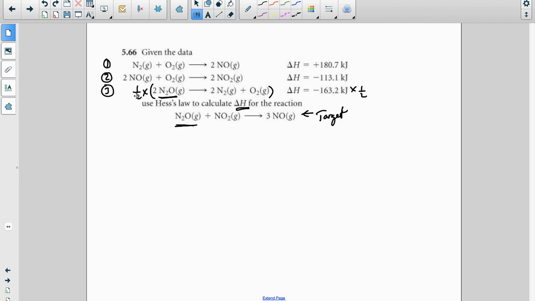So if I take 1/2 times this reaction, I will get N2O. 1/2 times 2 is 1, yields 1/2 times 2 is 1 also, 1 N2. And then 1/2 times O2 gives 1/2 O2. Okay, and the delta H for this is going to be 1/2 times 163.2.